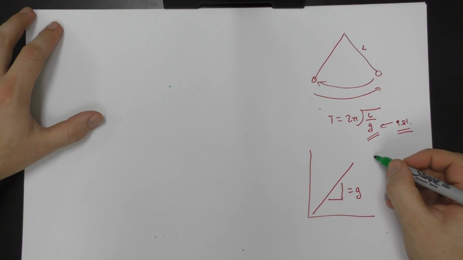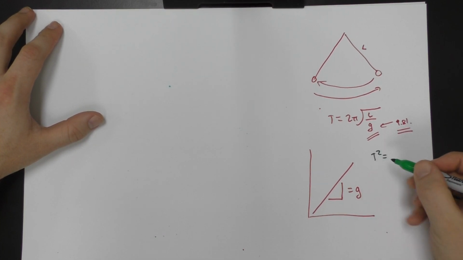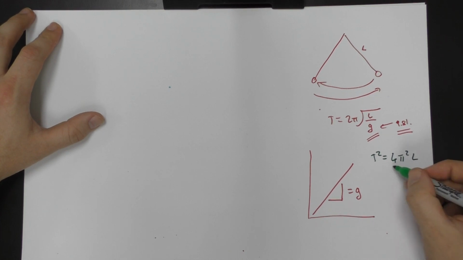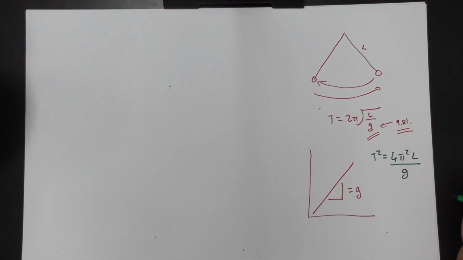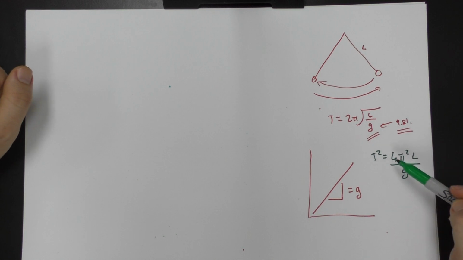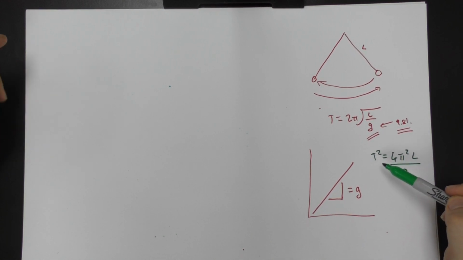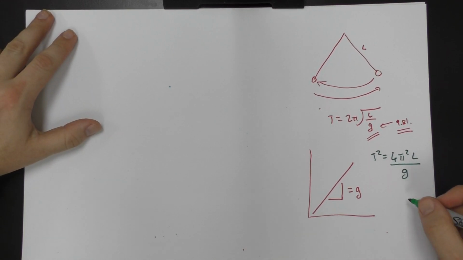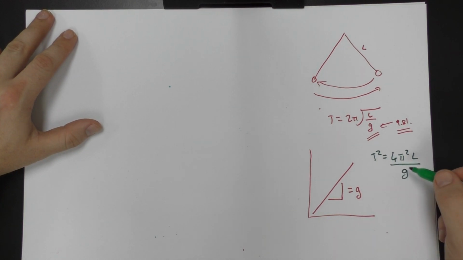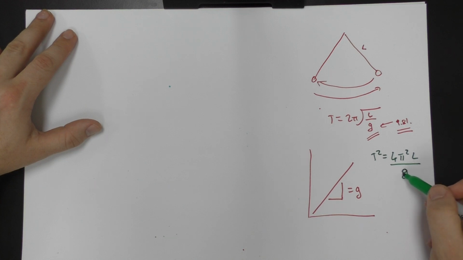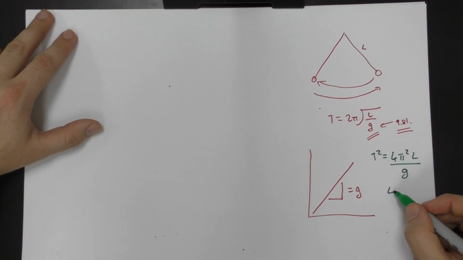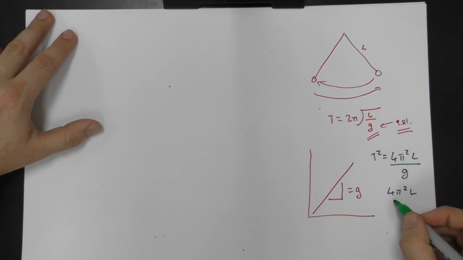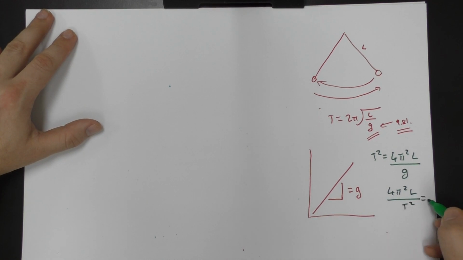So if we square both sides, we end up with T² = 4π²L/g, because we square everything else. Then we can say that if we want the gradient to be g, we want 4π²L/T² to equal g.